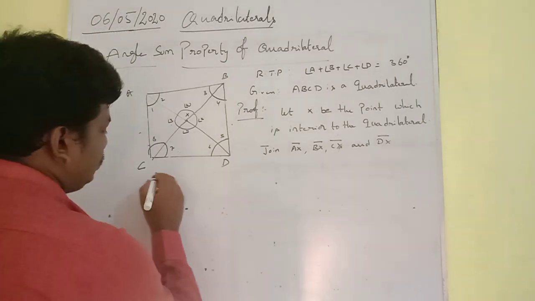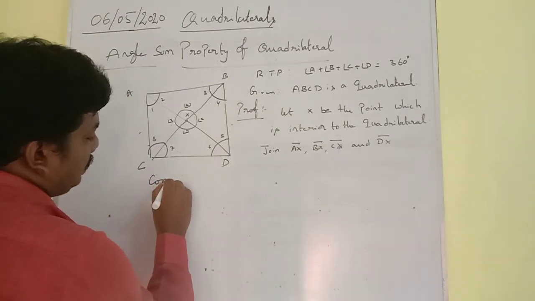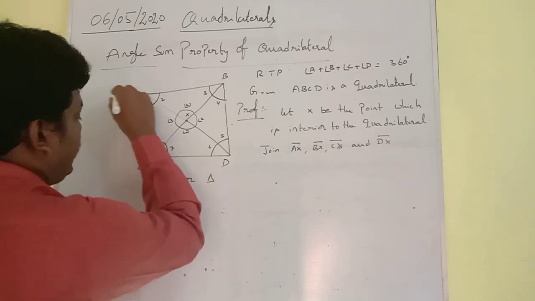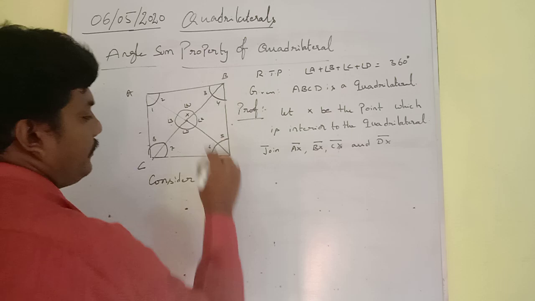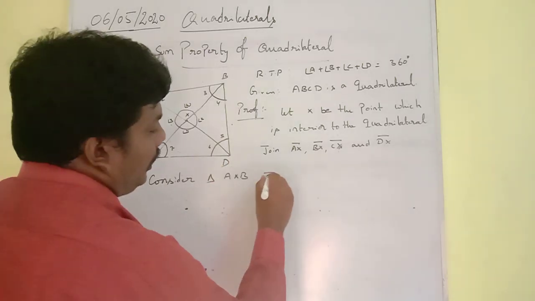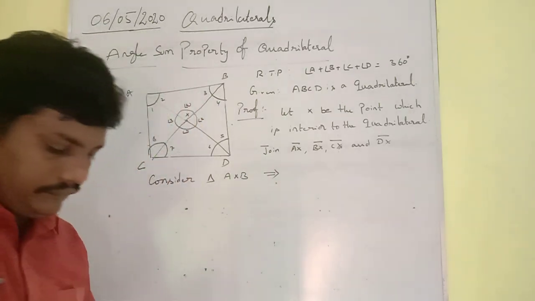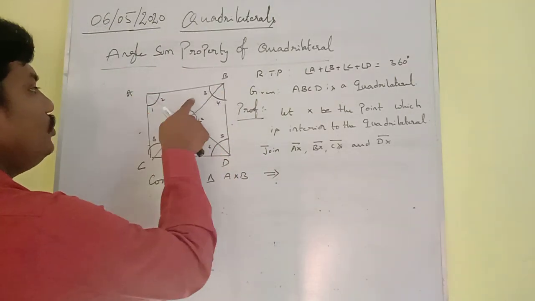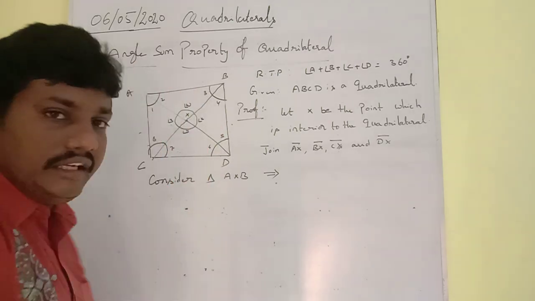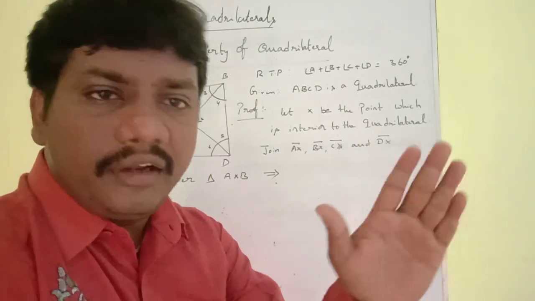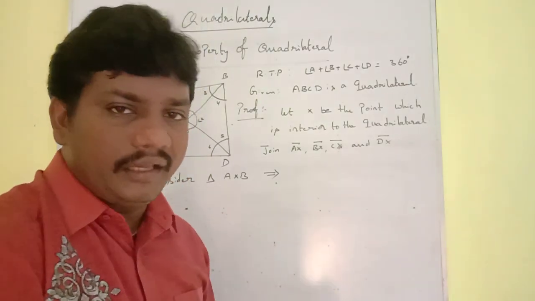Now consider triangle AXB. This triangle has three interior angles, 2, 3 and W. We know that the sum of interior angles of a triangle is 180 degrees.